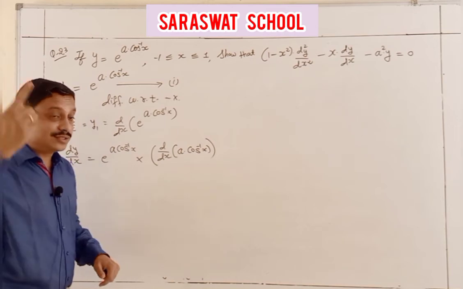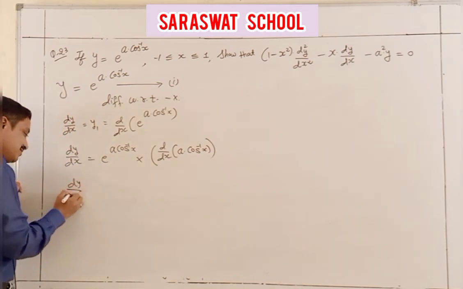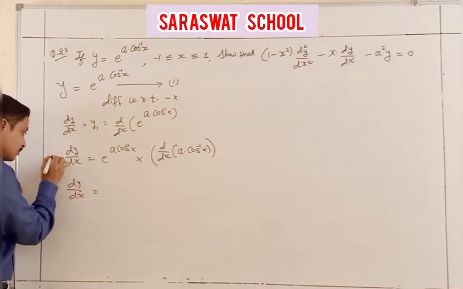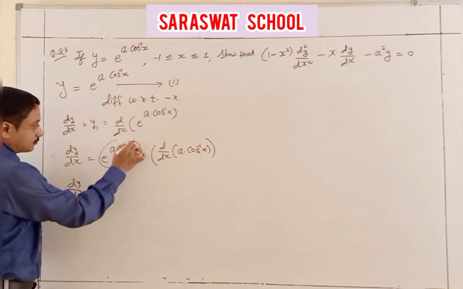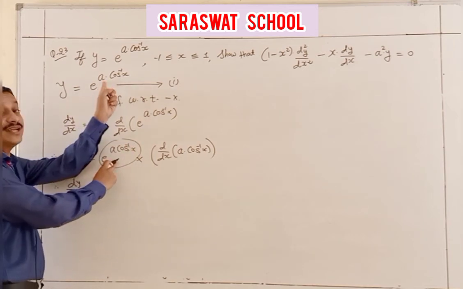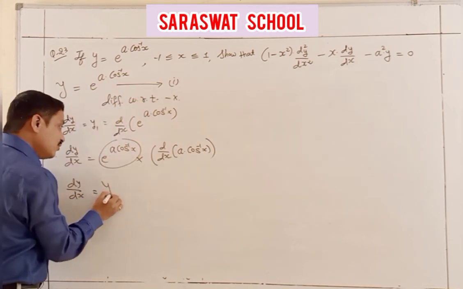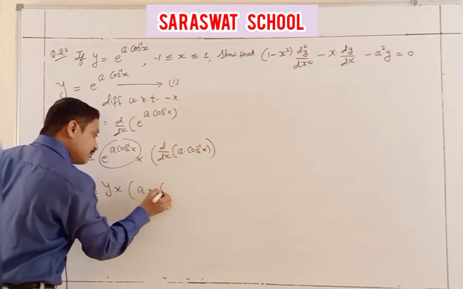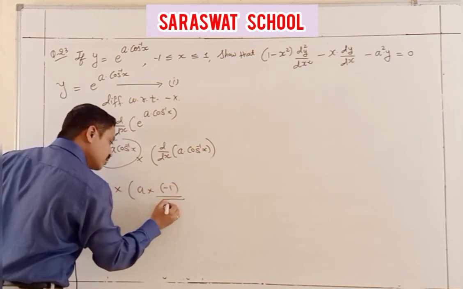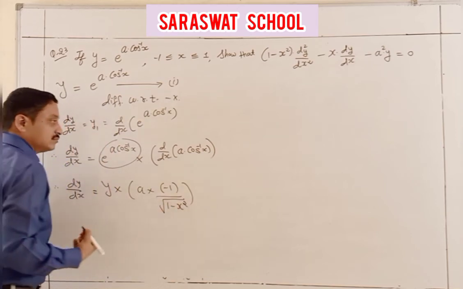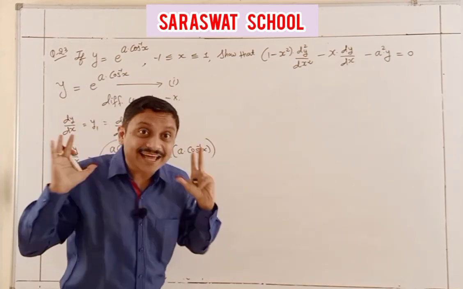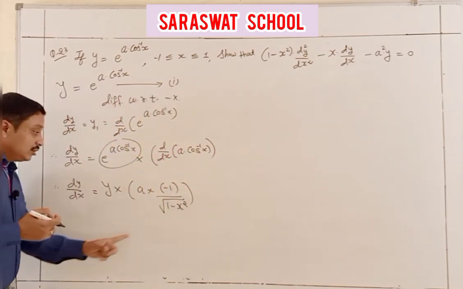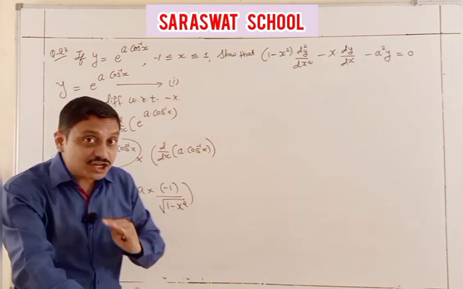And that you know, dy by dx, students, these are known to you. It is your question, statement 1, y. And here the derivative is a times minus 1 by under root 1 minus x square, the cos inverse x derivative.